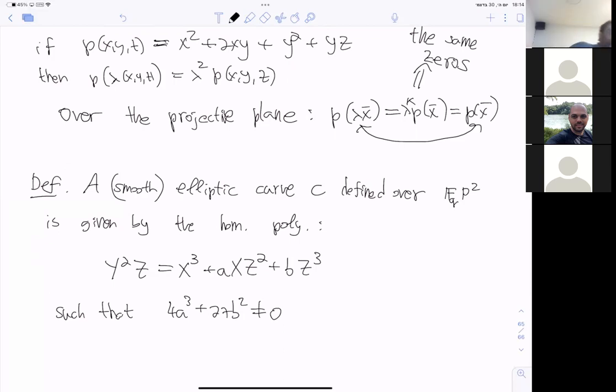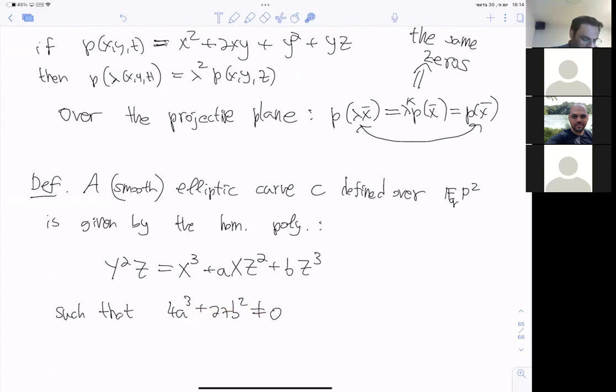Why? You will see that usually cryptographers who use elliptic curves use the affine version, which we're going to see in a second, but they don't really understand why we need this condition.